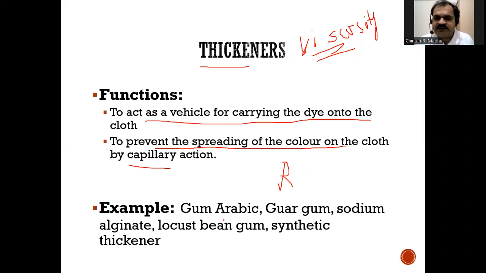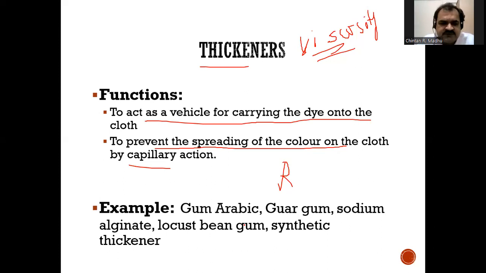These are the examples: gum arabic, guar gum, sodium alginate, locust bean gum, synthetic thickeners. We will discuss thickeners in detail in our upcoming lectures, because we are going to do a single lecture on thickeners only, as there is a wide range in each and every thickener. You can see the modifications also: modified guar gum, modified British gum, modified gum arabic.